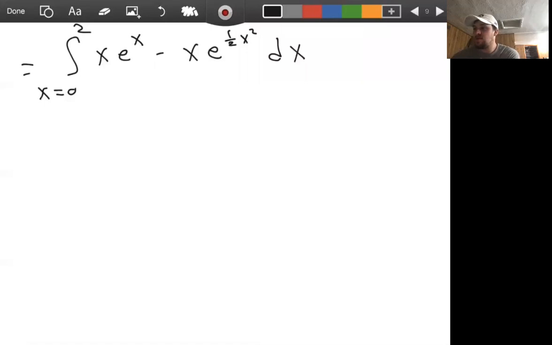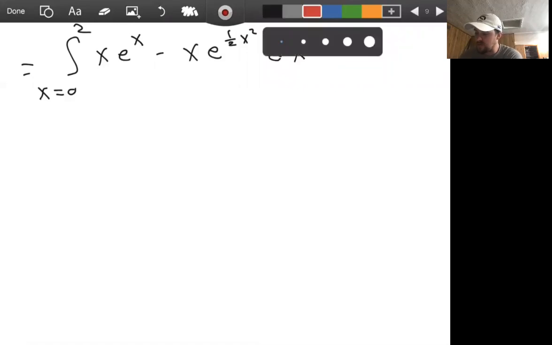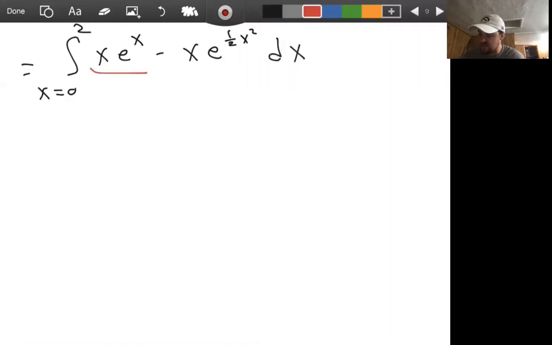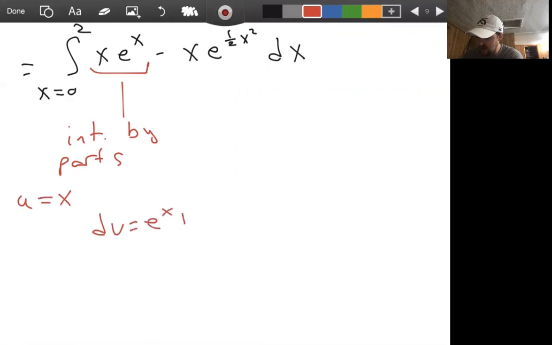Okay, and from here, the rest of the problem is single variable calculus, right? So I'll leave the rest for you guys to finish the problem up. This part requires one step of integration by parts. You let u be x and dv be e to the x dx.